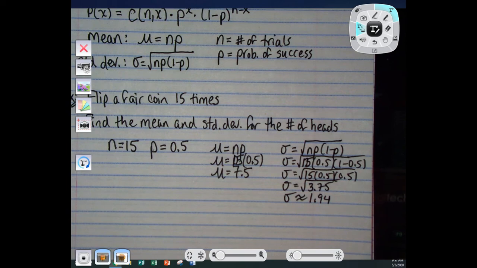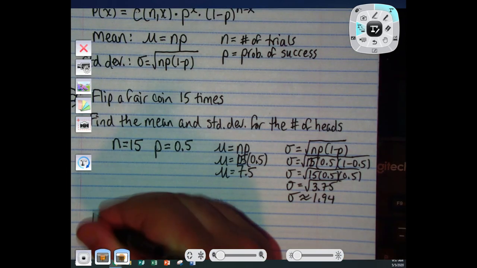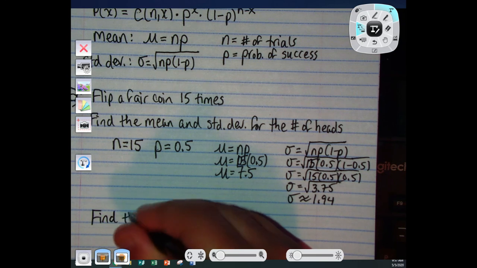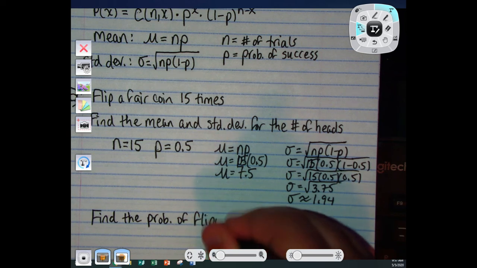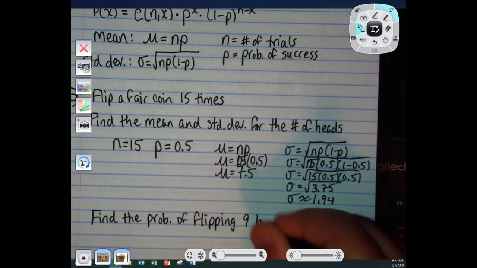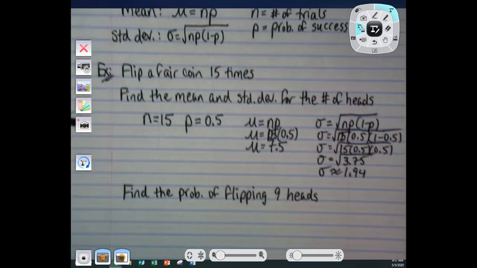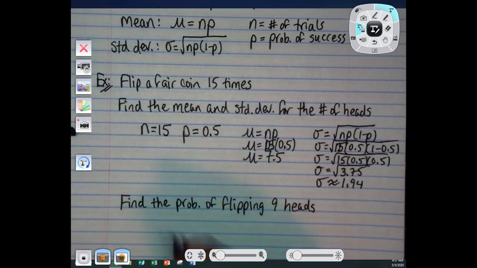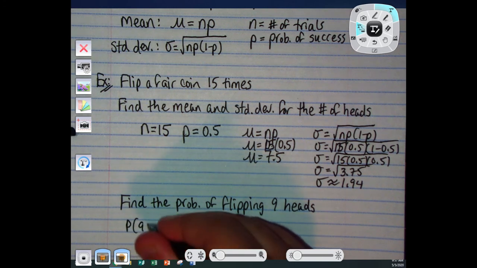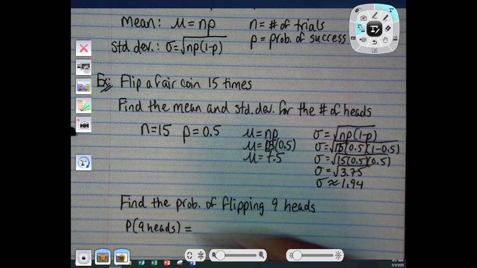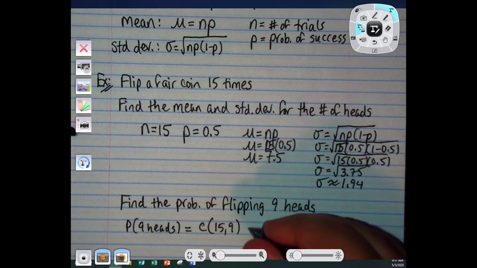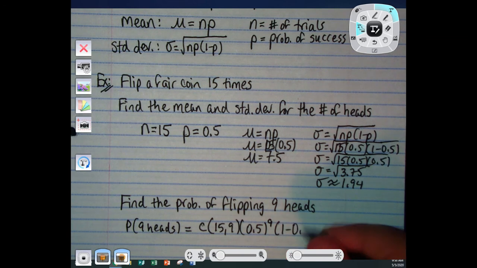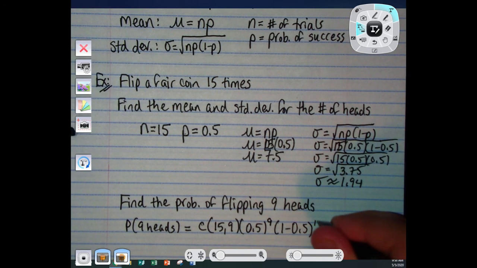Okay, so now based on this, they could ask us to find the probability of flipping 9 heads. Okay, so to find the probability of flipping 9 heads, we use the formula from up here. So if I want to find the probability of 9 heads, we do the combination of 15 choose 9 times the probability of flipping heads to the 9th power, times 1 minus the probability of flipping heads to the 15 minus 9 power.